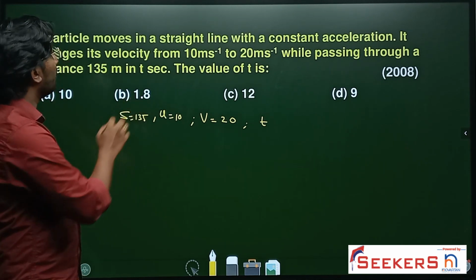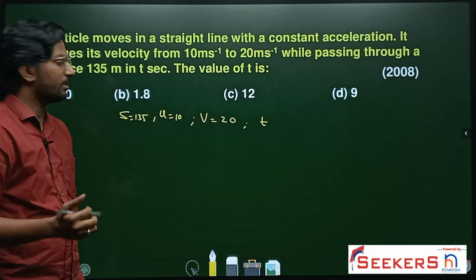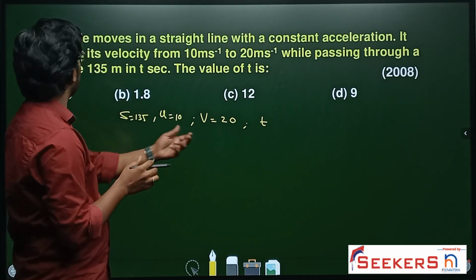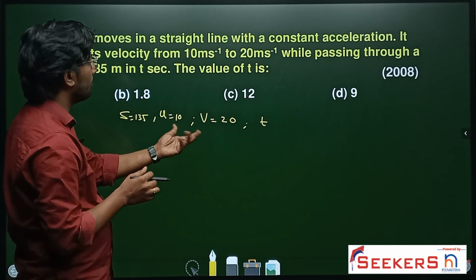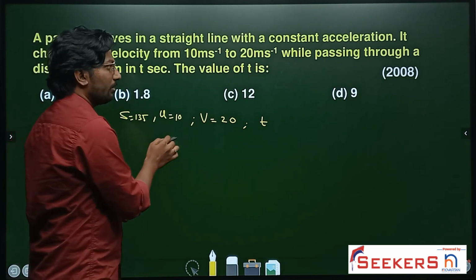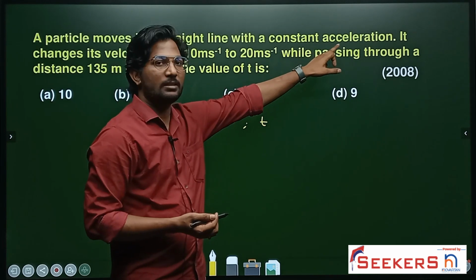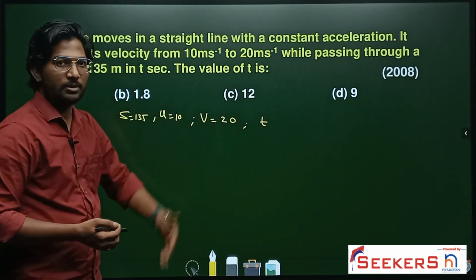Now it is a straight line motion, so distance and displacement both will be the same. Now to take up this equation, if you are wondering whether the acceleration is constant or not, you can verify it from here. But otherwise, it is also mentioned over here, it is a constant acceleration. So which means again kinematic equations are involved.